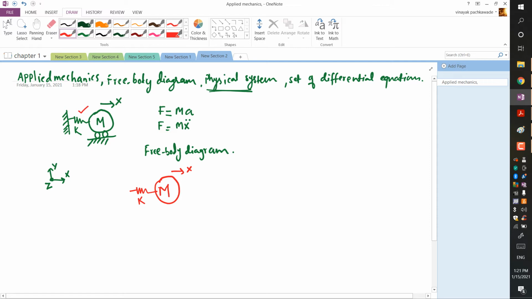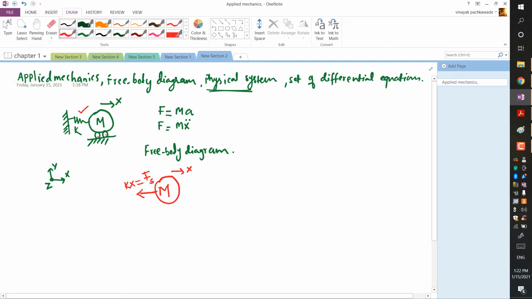So how can we draw that? We can draw the equivalent force diagram. It would be k times x, which is a restoring force, the spring force, and it could be written as fs. There are some other forces also. When it's trying to move in the x direction, you see the rolling balls over here, so there is a frictional force acting on the body.